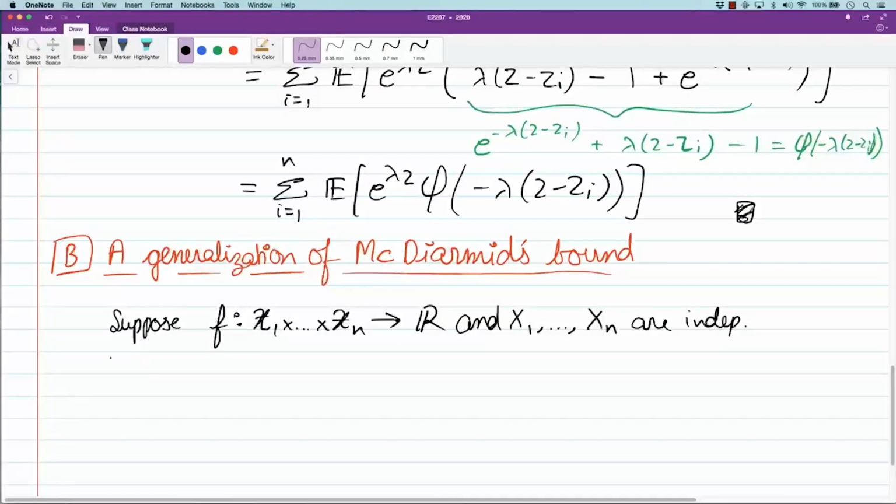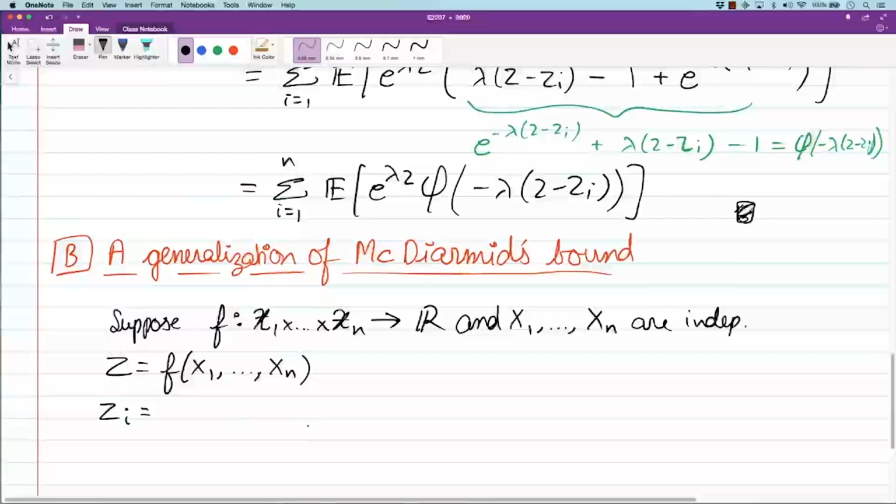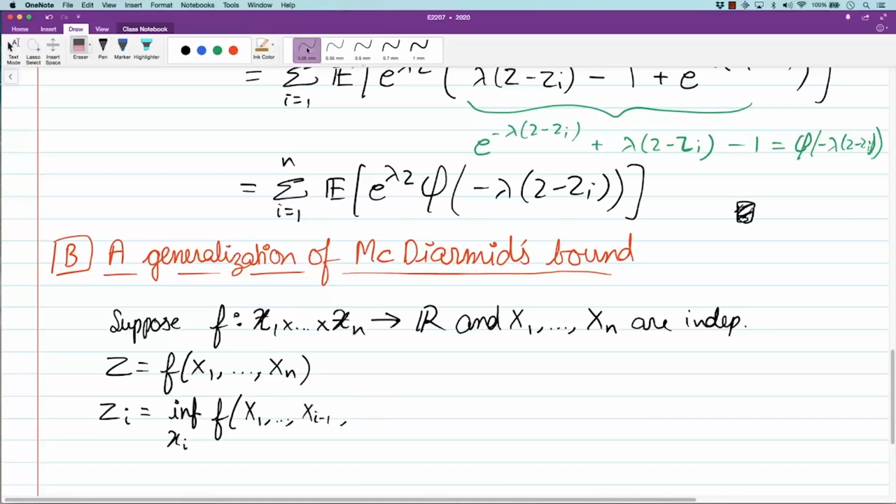Okay, and then let's say we denote this random value of the function by z, and this zi can be any function of our choice. So we choose this guy to be the inf over xi of f of x1 to xi minus 1, xi plus 1 to xn.